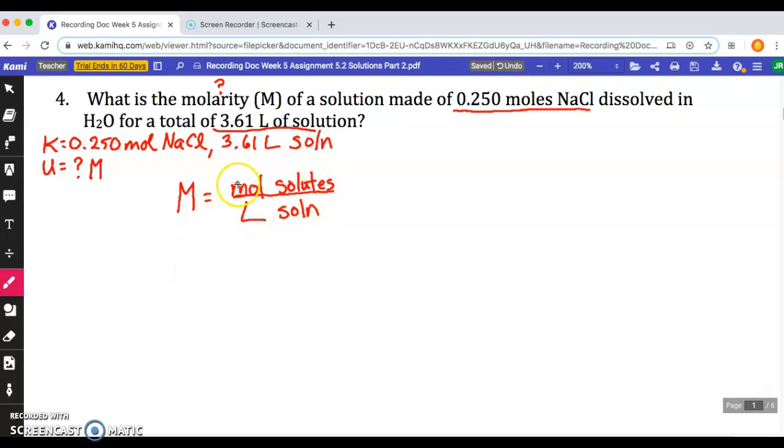And let's take a look over here to figure out the big M, molarity. We need moles of solutes. Do we have the moles of solutes here? Well, it says 0.250 mole of NaCl. Let's read this again. 0.250 moles of NaCl dissolved in H2O. Well, if you guys remember the definition for solute, it's the item that is being dissolved. So this is the solute.